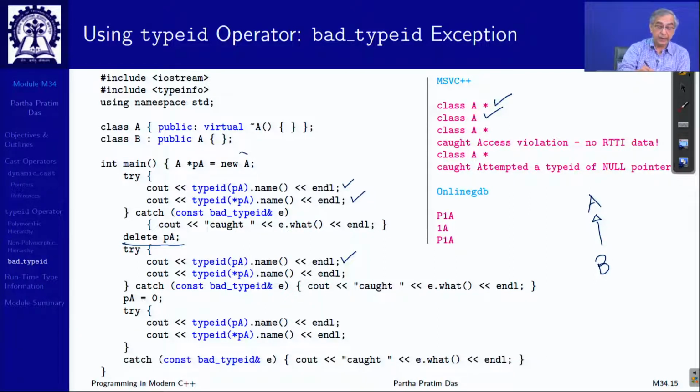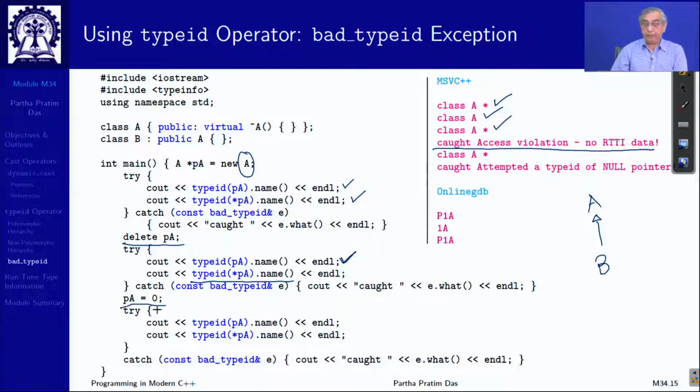I was holding the A object, I have deleted that. So, when I do type ID for P A, the pointer, I still get class A star, which I should. But when I do star P A, this is an invalid access because the object is already gone. So, I get this kind of a message on MSVC++ that access violation, no RTTI data.